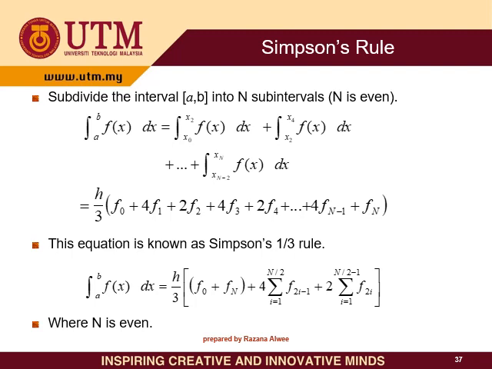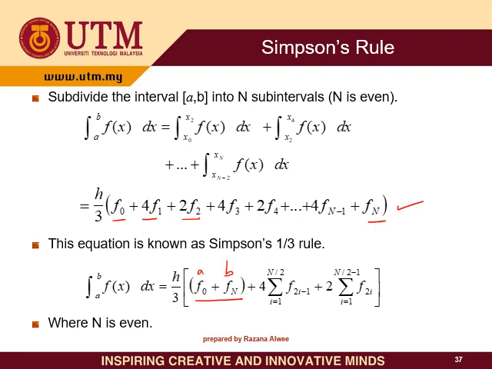Okay, and if you see the equation here, the final formula, we have the start, the a and the b. This is the a, this is the b, and we have some f that is multiplied by 4, some f multiplied by 2. Okay, so if you remember the previous trapezoidal rule, we have 2 columns, right? One for the start and the end, the a and the b.